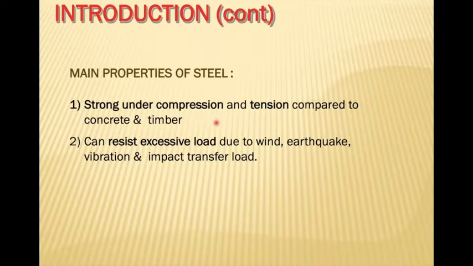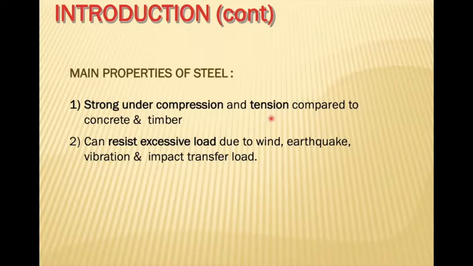The main property of steel that we have to know is that it is strong under compression and also tension, right? This is quite different from concrete, because concrete is strong in compression, however it is very weak in tension. So we know that concrete cannot be pulled out, right? We cannot simply pull out or bend concrete, or else it will break.